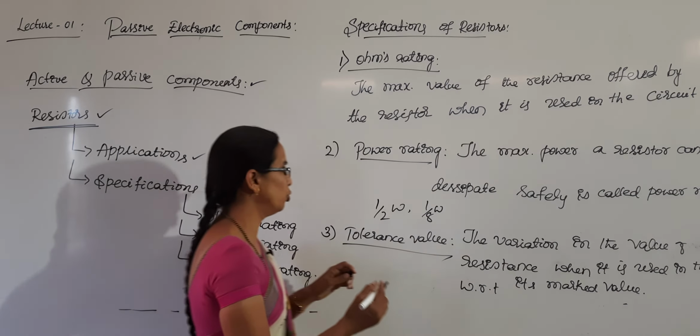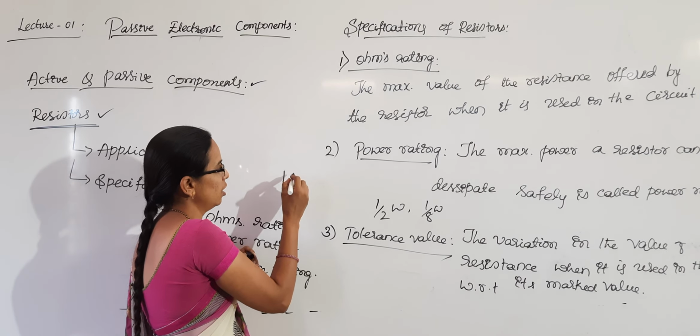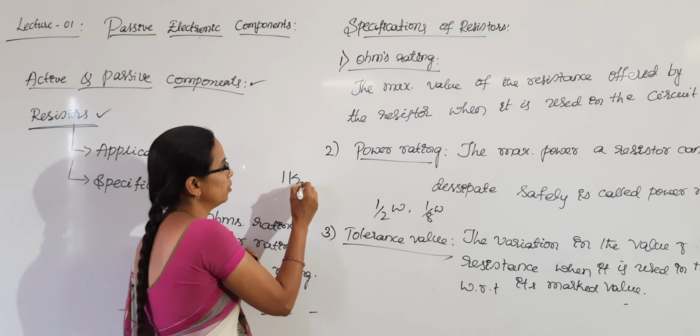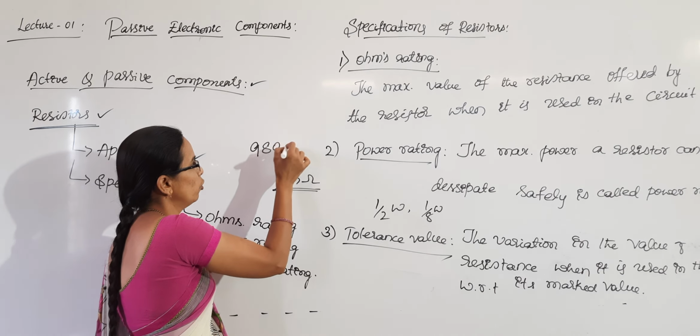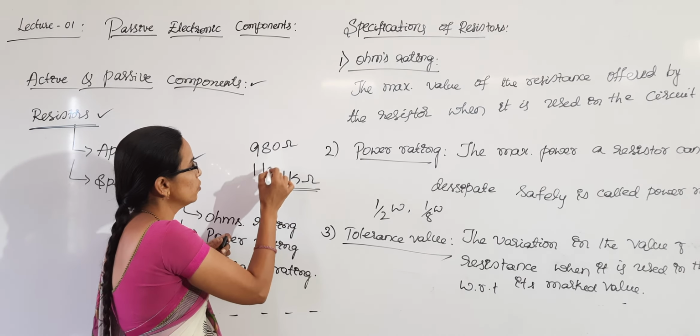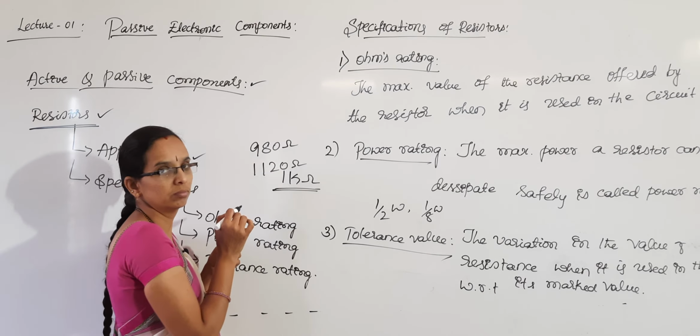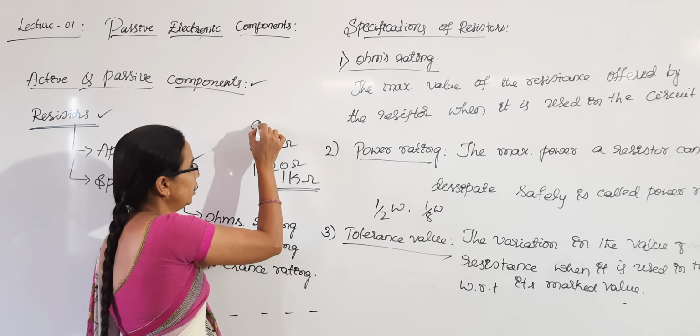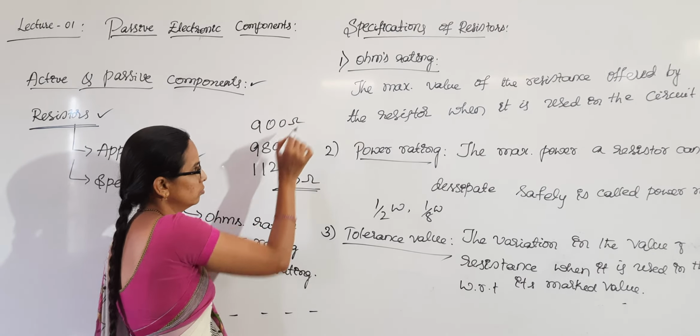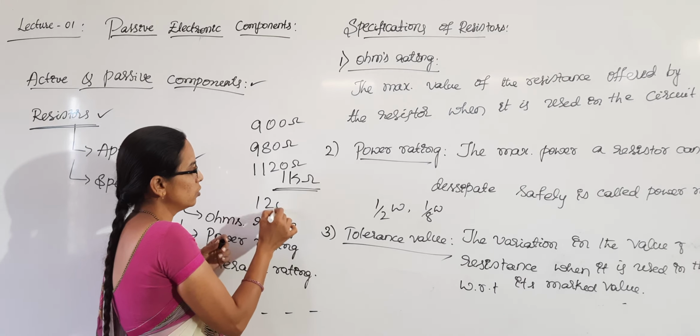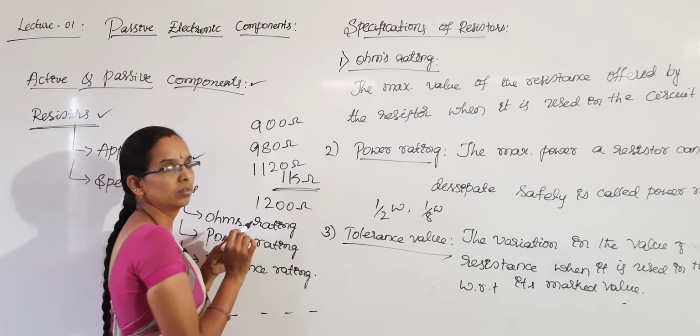That means if you buy some 100 ohm resistor or 1 kilo ohm resistor, the tolerance value means this resistor may not possess exactly 1 kilo ohm, but somewhere around 980 ohm or 1120 ohm or 900 ohm or 1200 ohm, something like that.